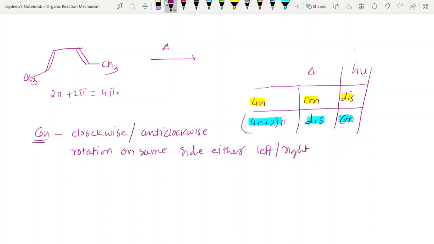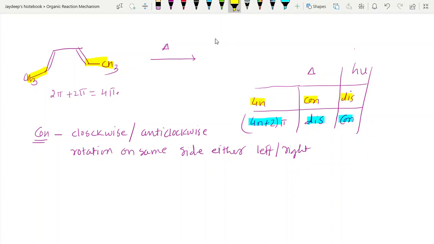Okay. So let us again consider. If you look at these methyl groups, they are pointing outside the system. So this methyl group goes in this direction and this methyl goes in this direction.